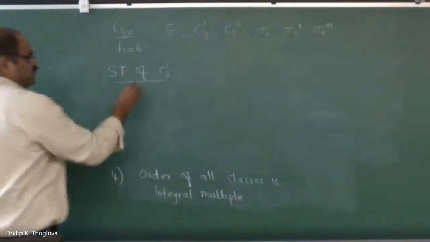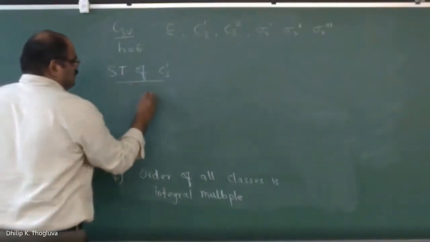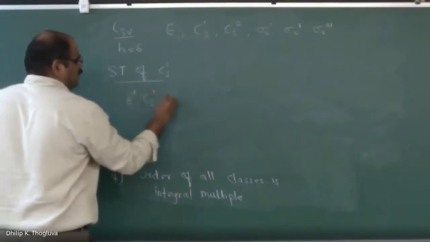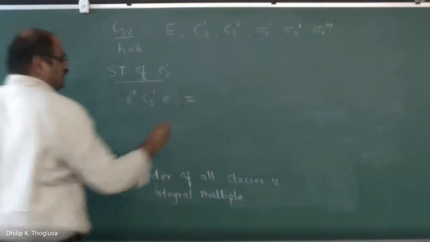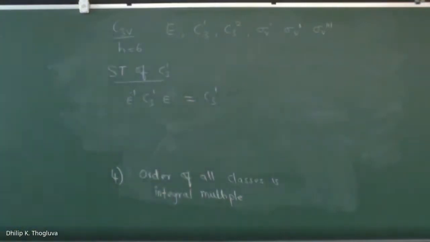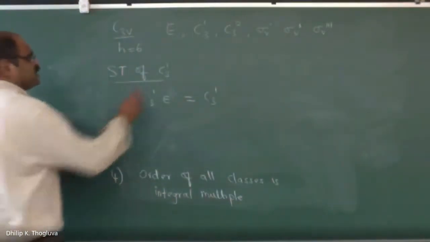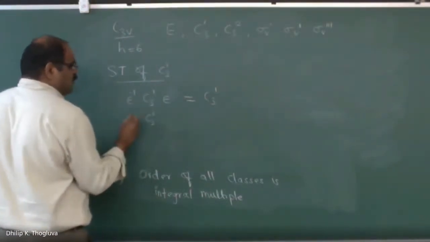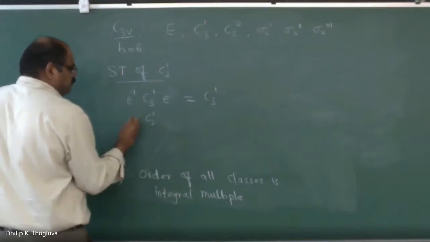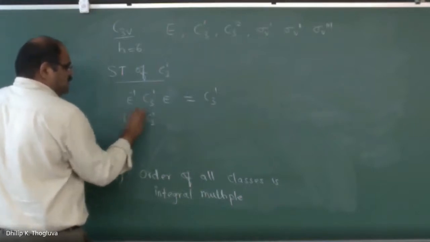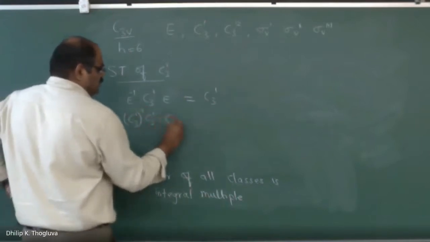So to find C3¹, what we do is C3¹ multiplied by E inverse, E will be 1. So again it is C3¹, right? So let's try the next one. C3¹ and then multiply with C3¹ inverse, C3 again.